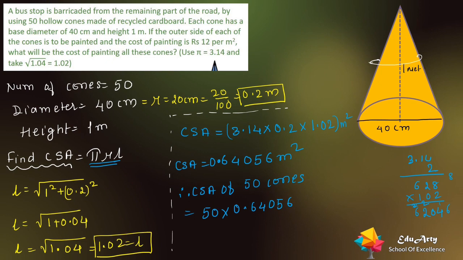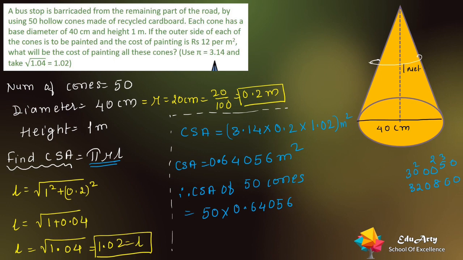Okay, we are going to erase this and see what it is. 5 sixes are 30, 5 fours are 20, 5 fives are 25, 5 sixes are 30, that's 32080, and then you have the 0 of this.